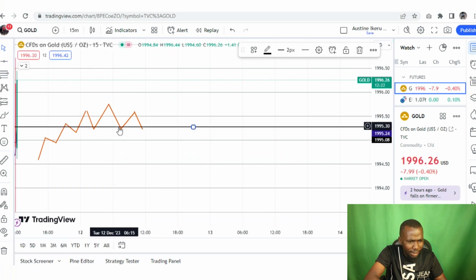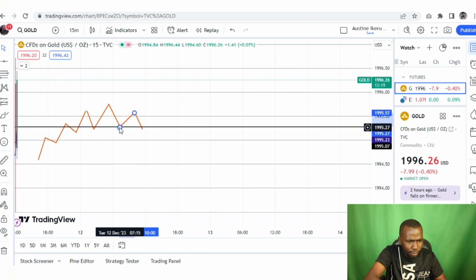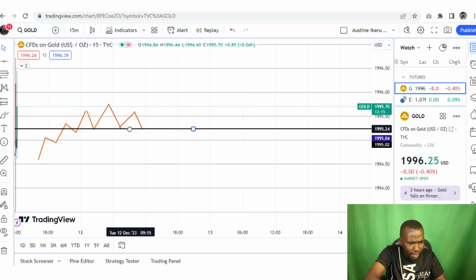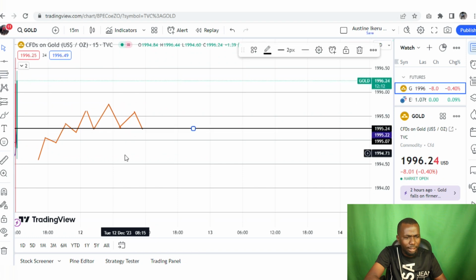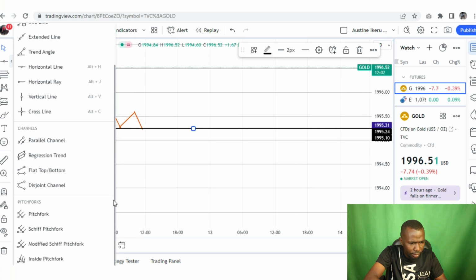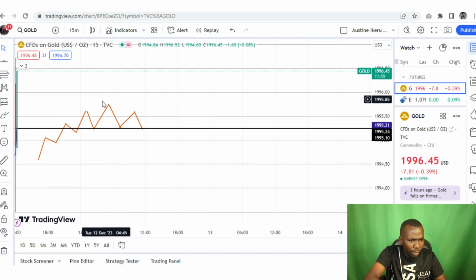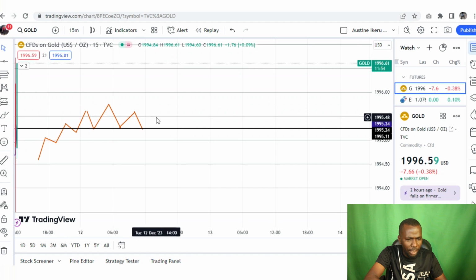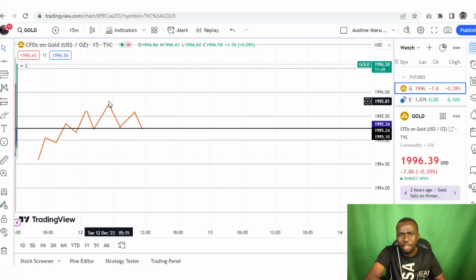You draw your neckline here, right? You can call this the left shoulder, you can call this the right shoulder, and you can call this the head. So this is what forms the head and shoulder pattern. So this is now the neckline.